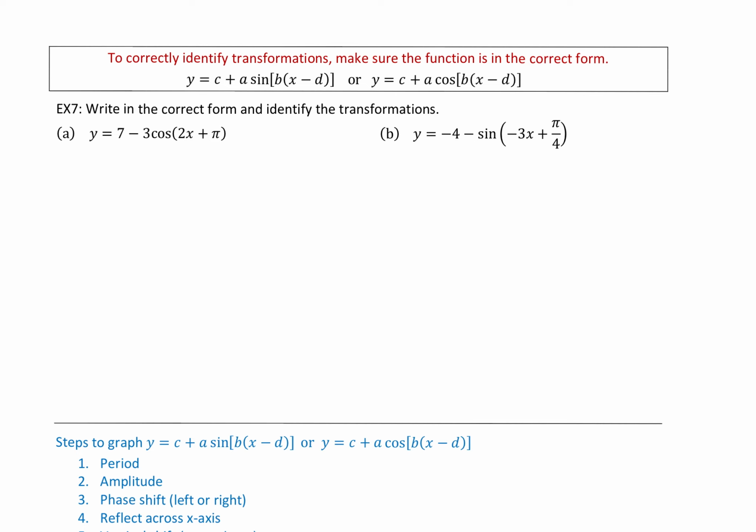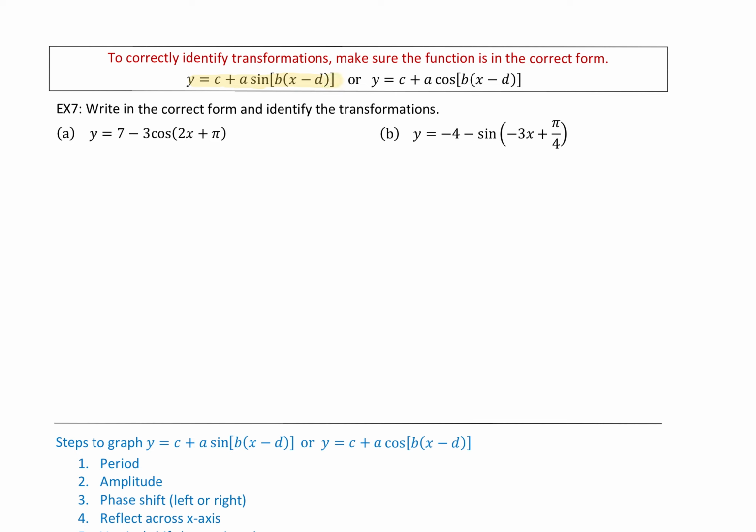So in example 7, we have these two trig functions, and these are just a mess. But our goal here, if you look at the box above, is to be able to write it in the form of, if we're looking at the sine function, if there's some c value, we want to have it plus a sine of b times, in parentheses, x minus d.